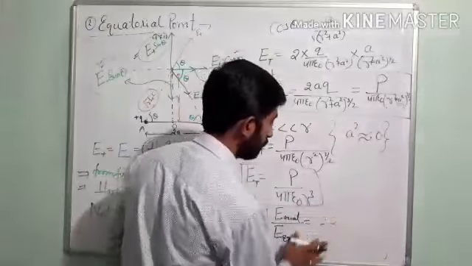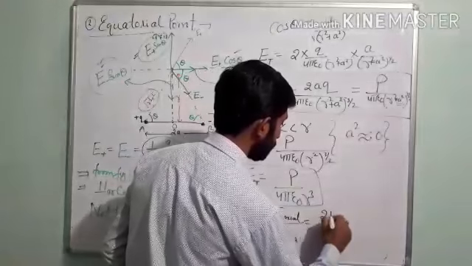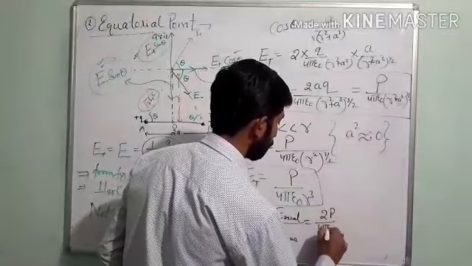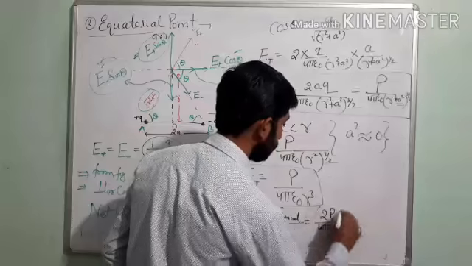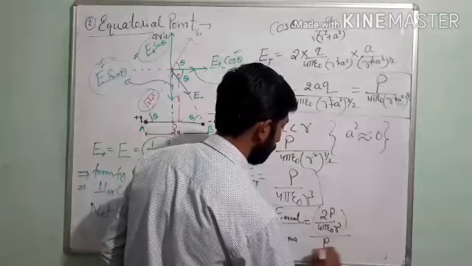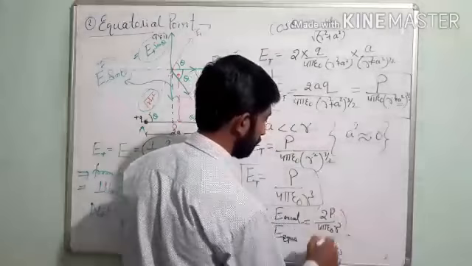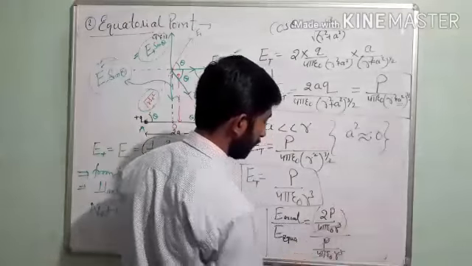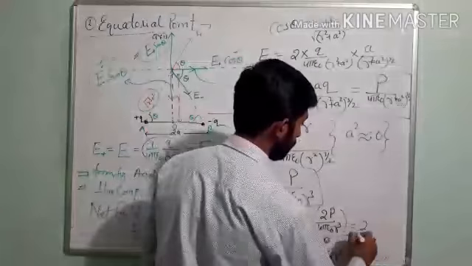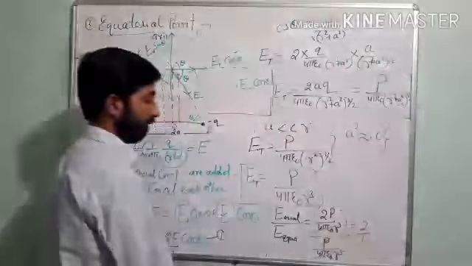Or you can solve this: twice of P over 4 pi epsilon naught r to the power 3, upon P over 4 pi epsilon naught r to the power 3. Everything gets cancelled and we are left with 2:1.